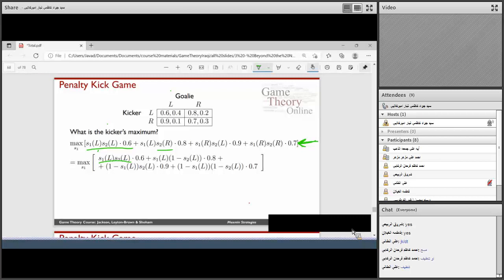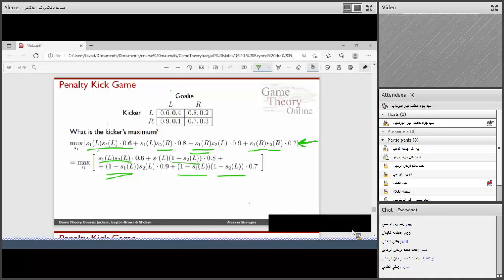Whenever we saw S2 of R, we converted it to 1 minus S2 of L. And whenever we saw S1 of R, we converted it to 1 minus S1 of L. S2 of R, 1 minus S2 of L. And here, S1 of R was converted to 1 minus S1 of L.